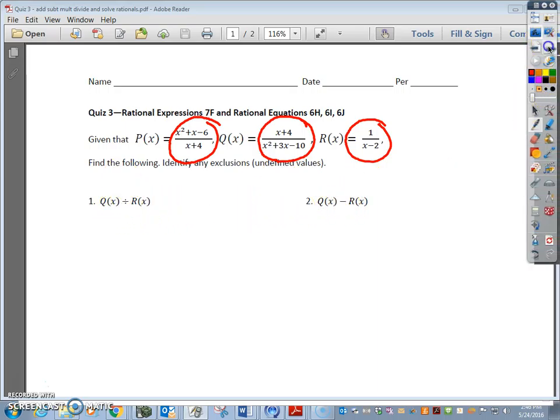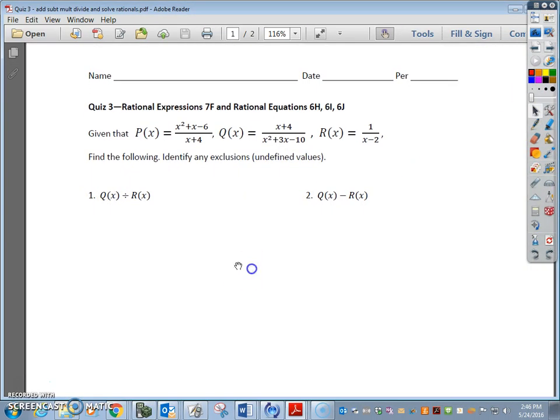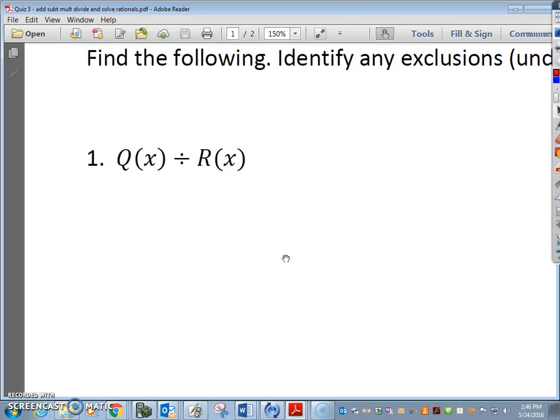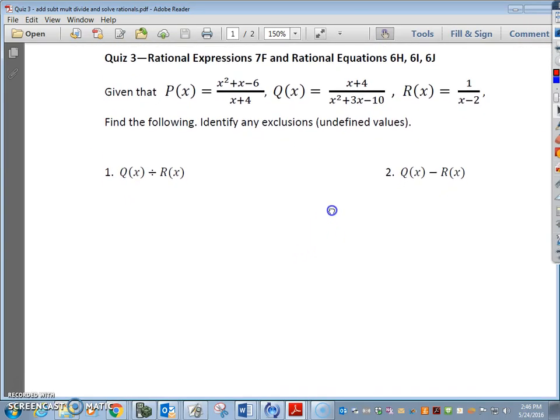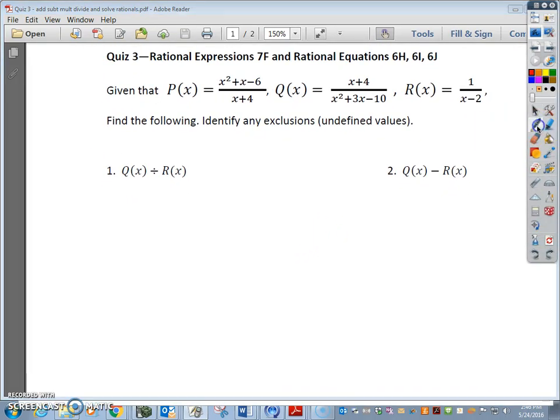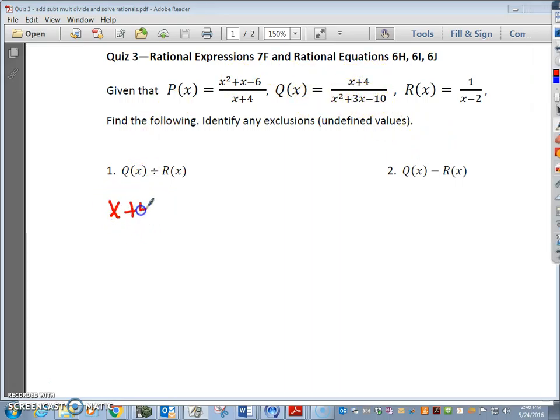The first one says Q of x divided by R of x. So how do we set that one up? Let's zoom in a little bit. Q of x is x plus 4 divided by x squared plus 3x minus 10.